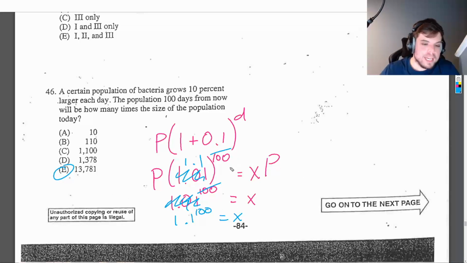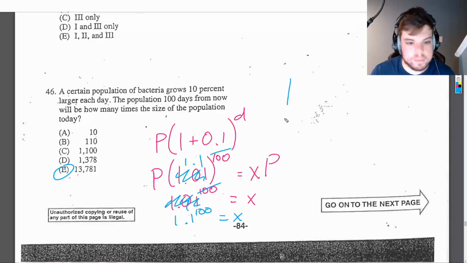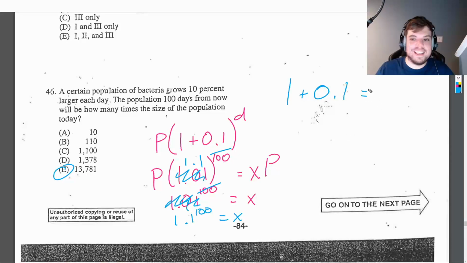There's our answer. Now, how do I know that this is what the formula looks like? If it grows by 10% each day, then let's say it starts with one bacteria and it's able to reproduce asexually. So it starts with one, it grows by 10% each day. By the second day, the population is going to be 1.1. That's a little iffy, but whatever. By the third day, it's going to grow by 10%, so it's going to be 1.1 times 1.1, right?